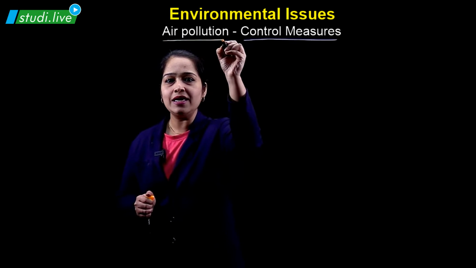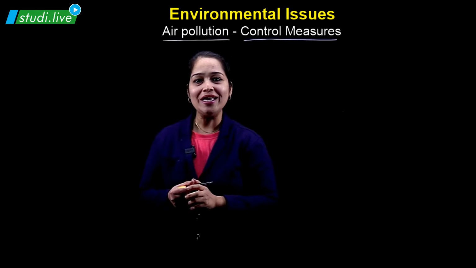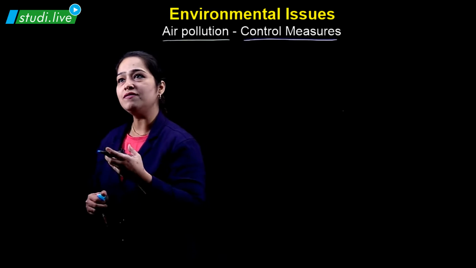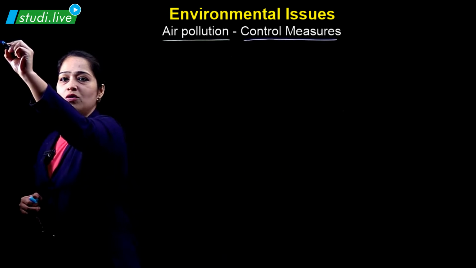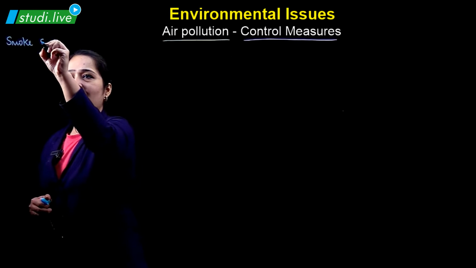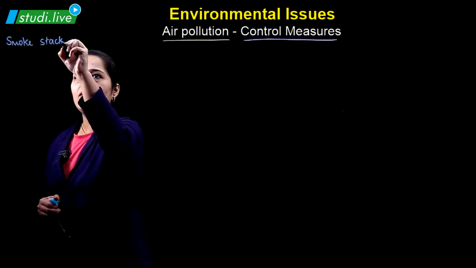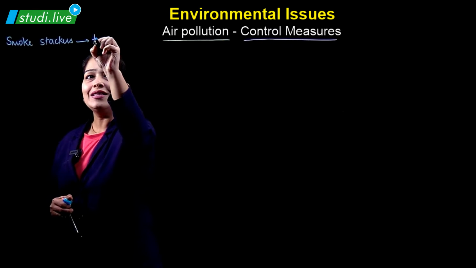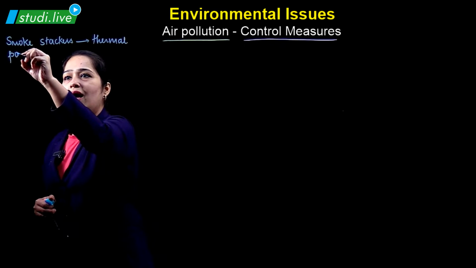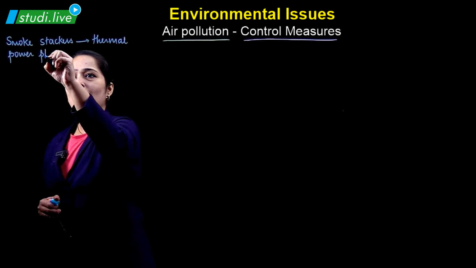Now let's see why air pollution needs to be controlled. So we have smokestacks of thermal power plants, where coal is burned.